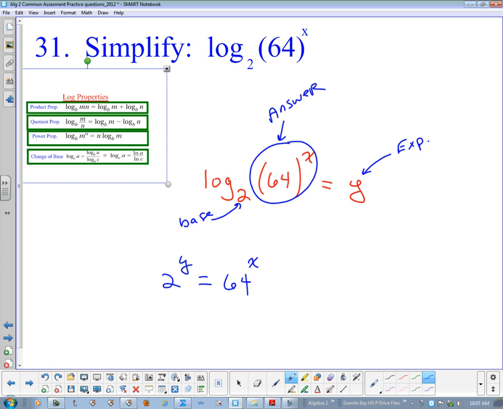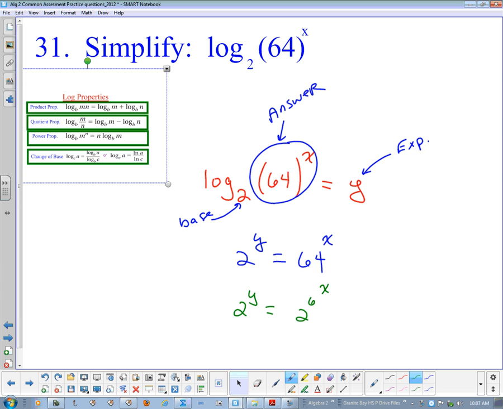Some of you are looking at the strings, but you've got to remember your log form going back and forth. Now, what I can do is try to simplify 64. Can we rewrite 64 with a base of 2? 2 raised to the what? 6. Excellent. 2 raised to the 6. So we've got 2 raised to the y is equal to 2 raised to the 6, then raised to the x.